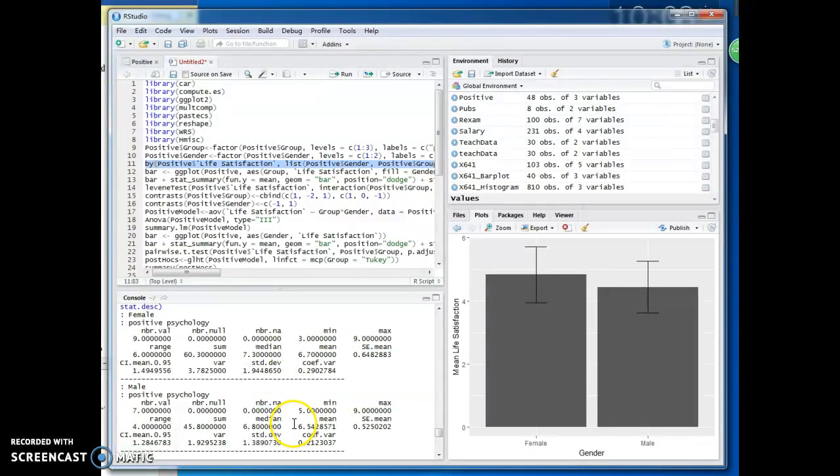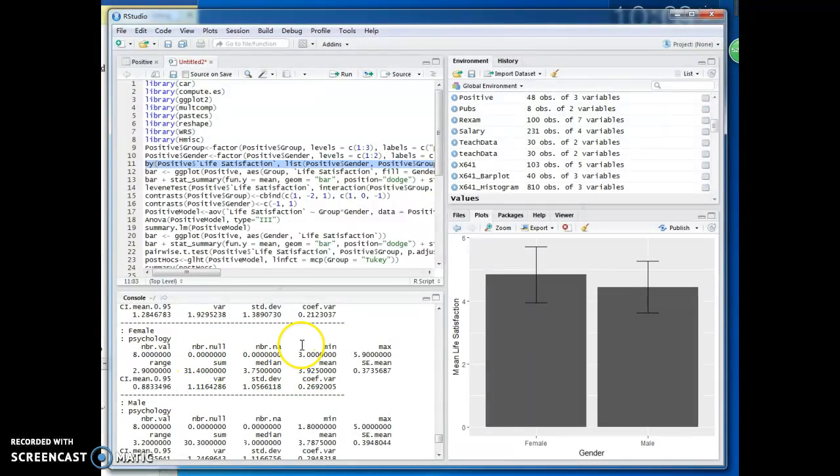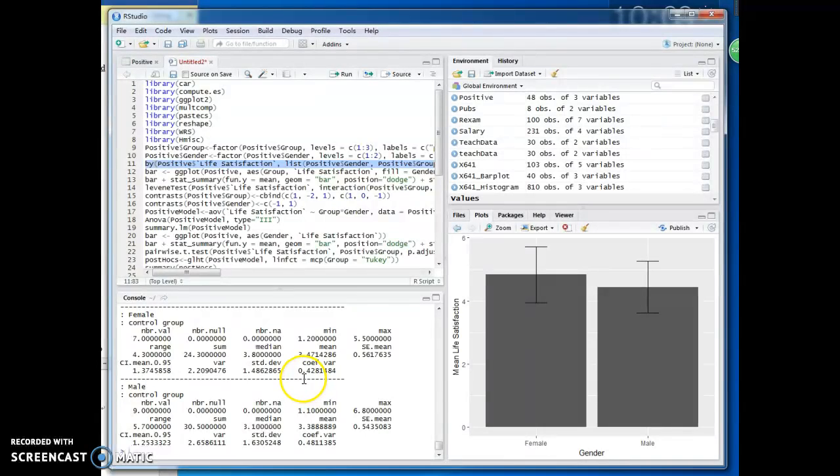We can see the means are very similar, so we assume there might not be a gender difference in the 2 groups. In this manner, we can interpret all 6 groups.